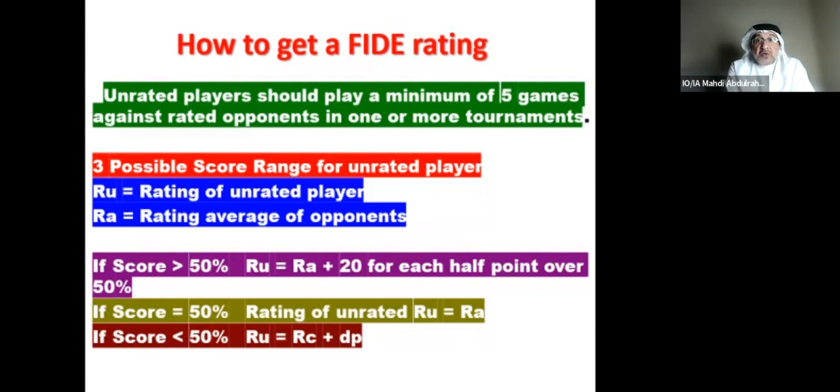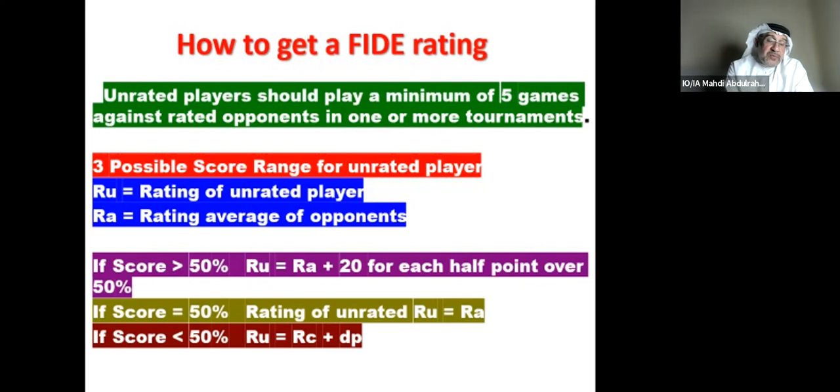There are 3 possibilities for the score range of the unrated player. So we have a formula, and we use this formula. We have RU, the rating of the unrated player, which is the new player's rating. RA is the average rating, the rating average of the opponents.